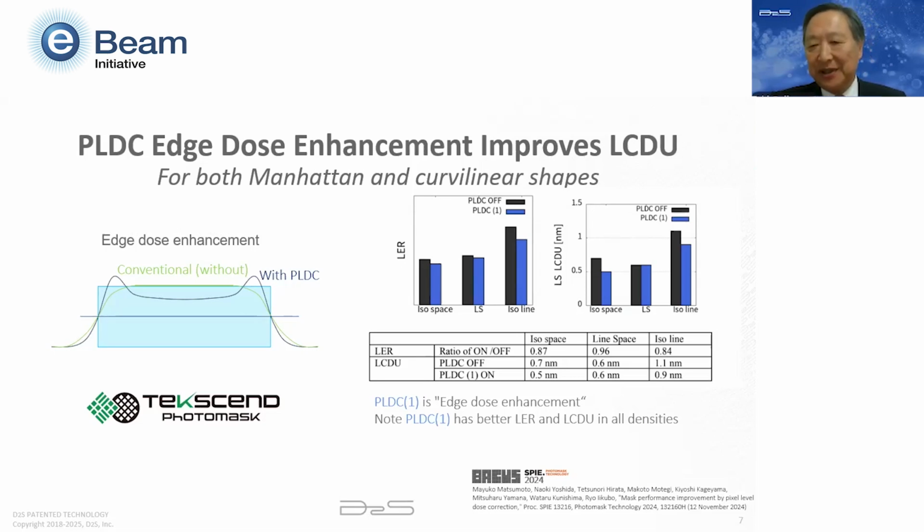This capability, PLDC, in no additional runtime, no additional turnaround time, also enhances edges. It improves the edge dose, it improves the dose margin, and therefore, particularly in low density areas and high density areas, you have noticeable differences in how much LCDU improvement you can get.